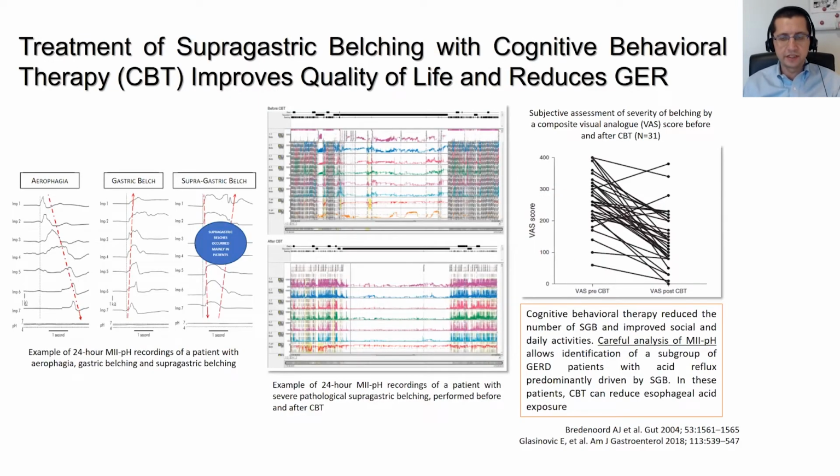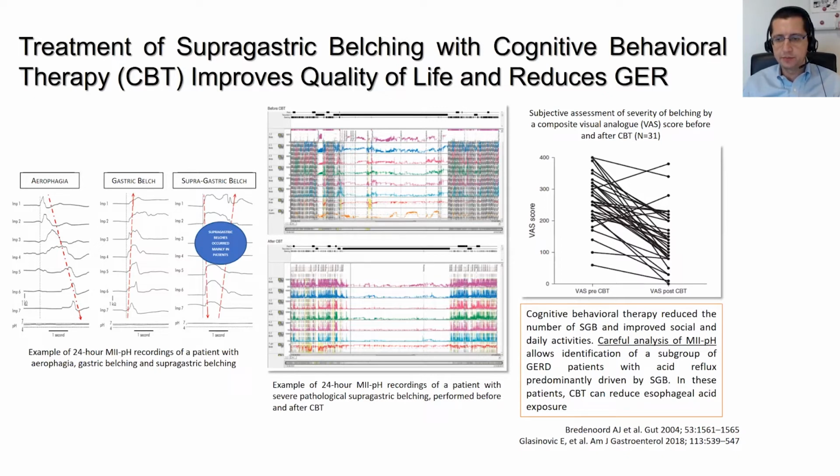Another important issue highlighted by this study with impedance pH testing is the possibility of identifying those patients who report or who have more frequently supragastric belching or gastric belching and correct this behavioral disorder with cognitive behavior therapy.